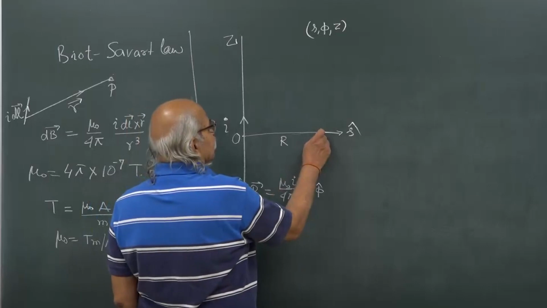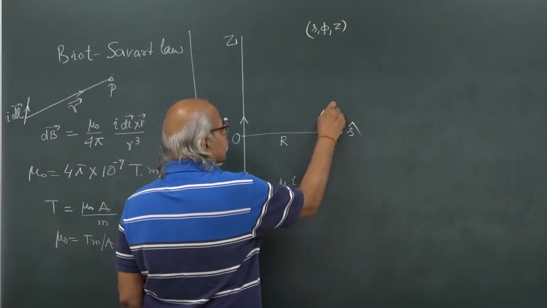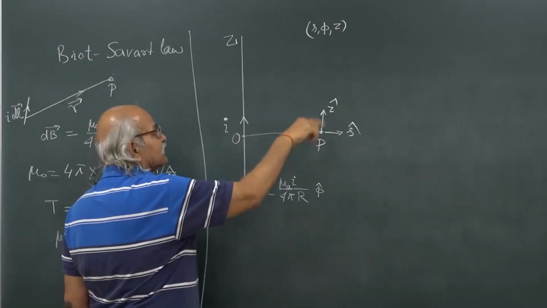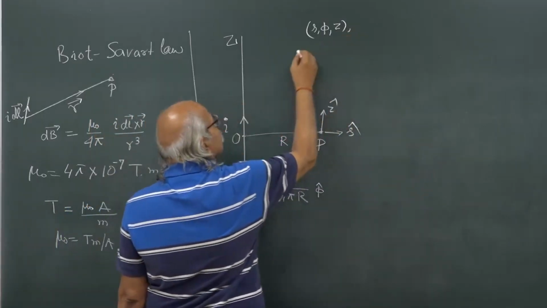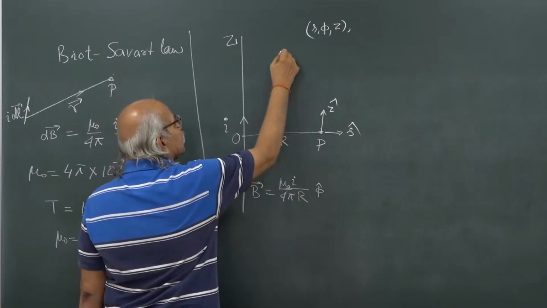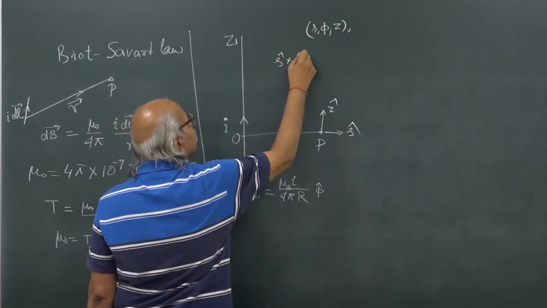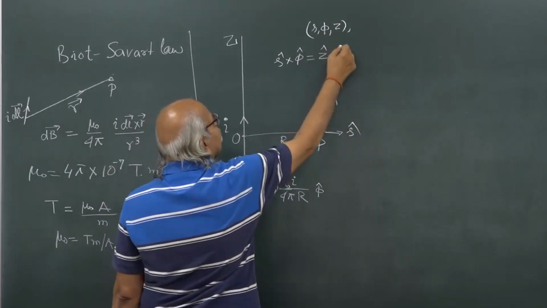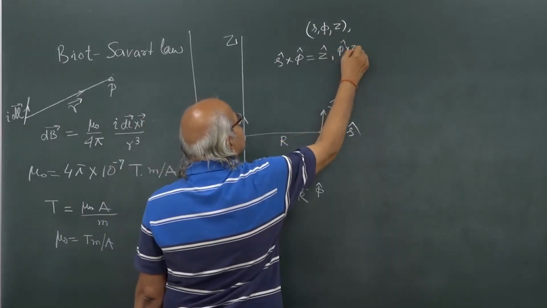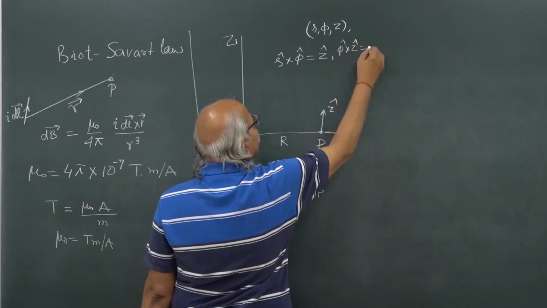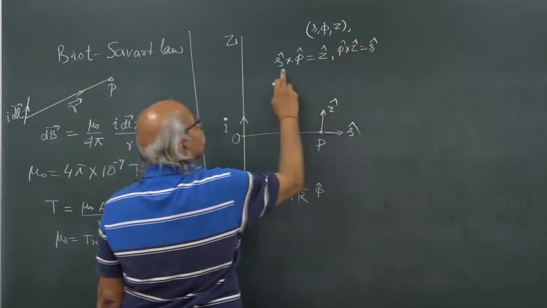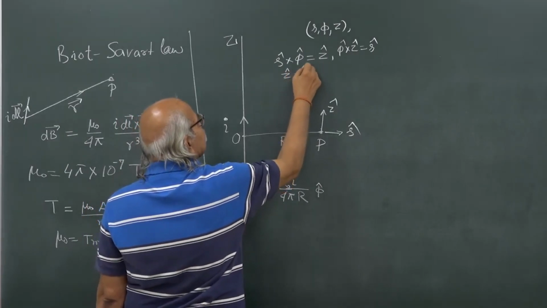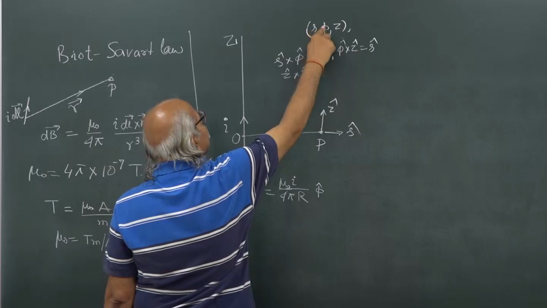The z cap direction is simple to understand. This is our z cap direction, and the phi cap direction is obtained from the cross product relations. S cap cross phi cap is z cap, phi cap cross z cap is s cap, and z cap cross s cap is phi cap.